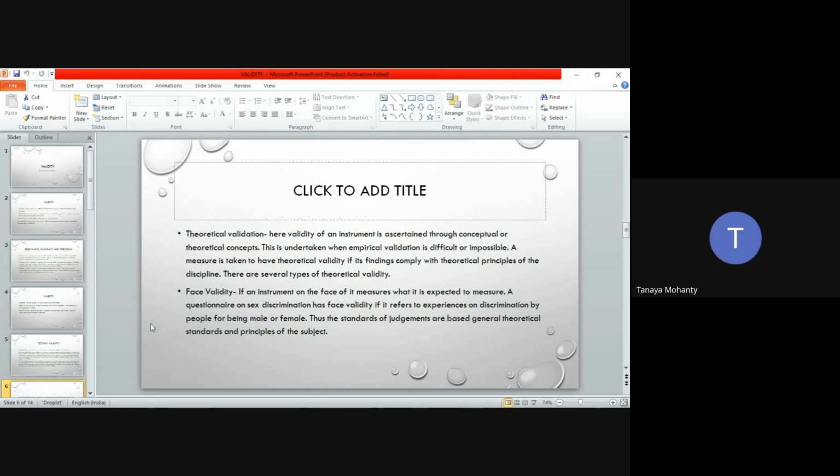Then the third form of validity is called theoretical validity. Here, validity of an instrument is ascertained through conceptual or theoretical concepts. This is undertaken when empirical validation is difficult or impossible.